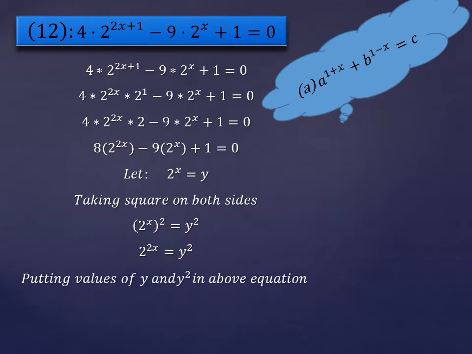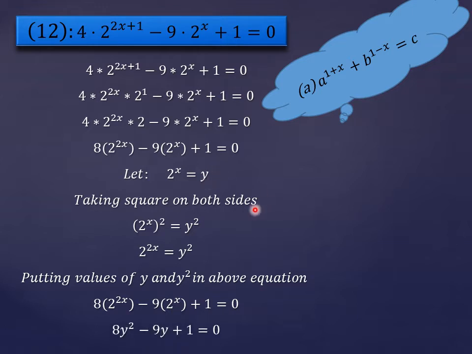Now we can replace these digits with y and y square. Now I won't write 2 power 2x, I will write y square, and 2 power x I will write y. So it will become 8y square minus 9y plus 1 equals to 0.